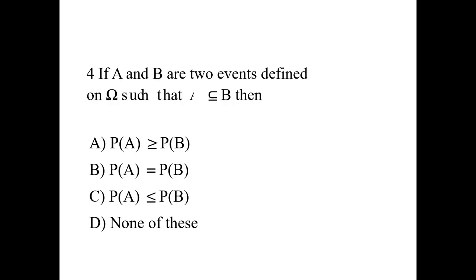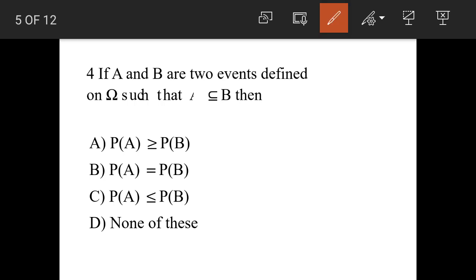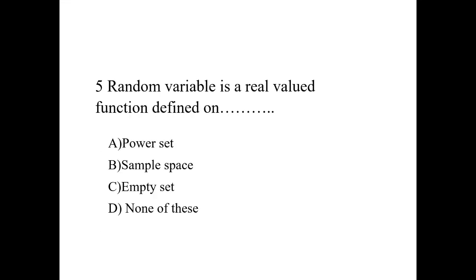By using the theorems of probabilities, if A is a subset of B, then the correct option is option C. That is probability of A is less than or equal to probability of B.